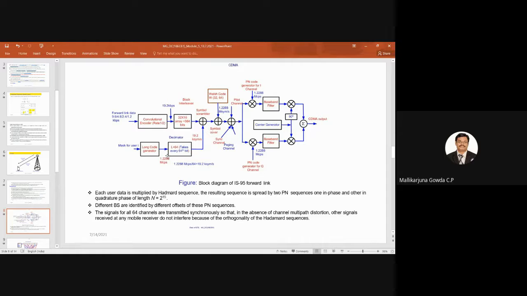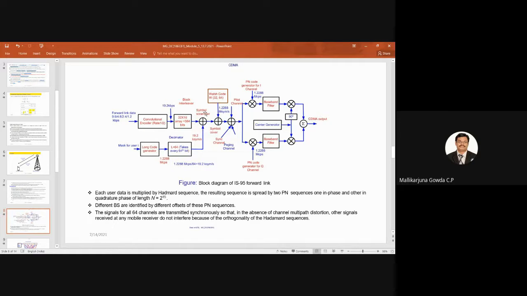Then it will be decimated, which is why this block is the decimator. This decimator takes every 64th bit and provides a data rate of 19.2 kilosymbols per second. So that will be scrambled with 19.2 kbps.